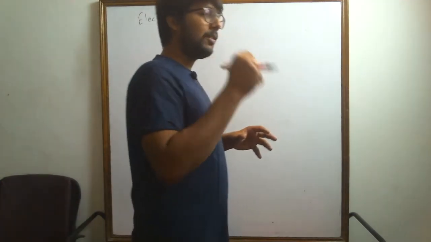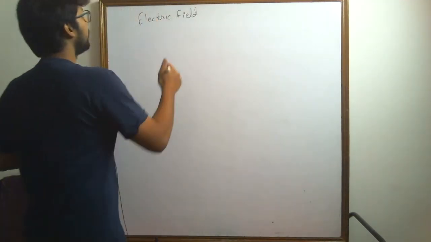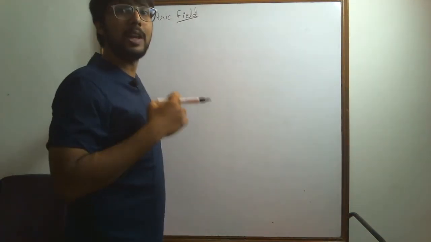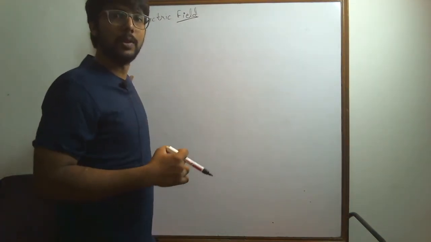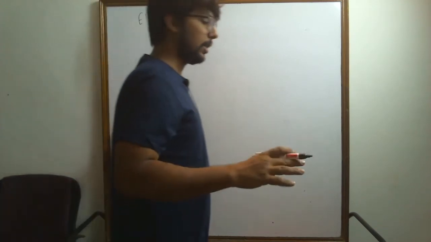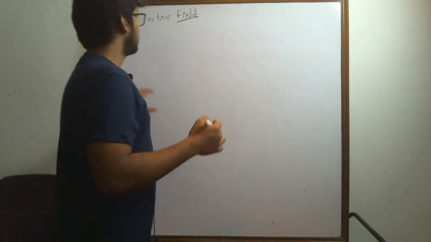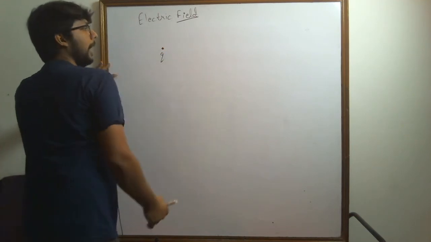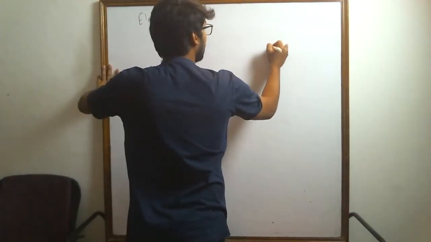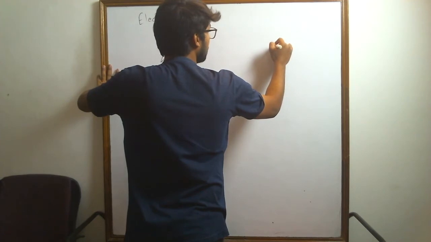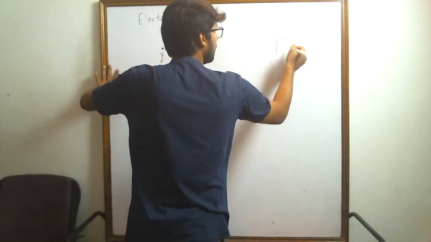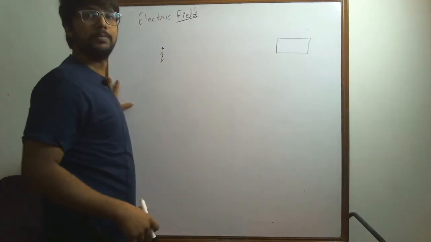But it is extremely useful to understand this concept of field when we are talking about electromagnetic induction or electromagnetism in general. What happens there is, suppose I have a charge here and I have, say, something, let's just call it, it's just a measurement tool, right?